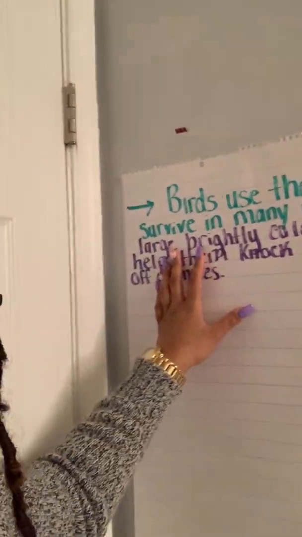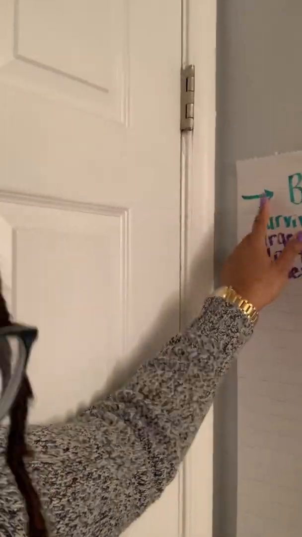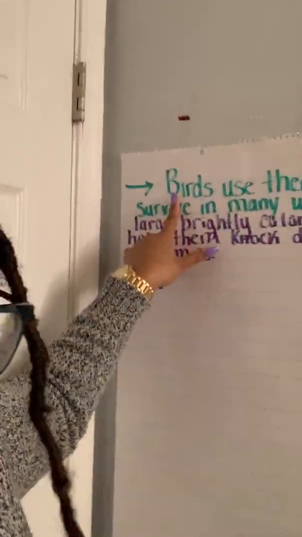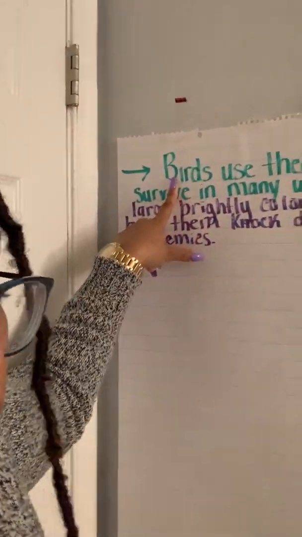Okay, friends, so for today, we're going to stop here because I said we're just going to do the focus statement and a detail for one bird. So my bird that I chose was the hornbill. Okay, so let's read back what we have so far. So in our paragraph, make sure you indent, which I saw that all of you guys did. So just keep that in mind. Keep indenting. I start with my capital letter.